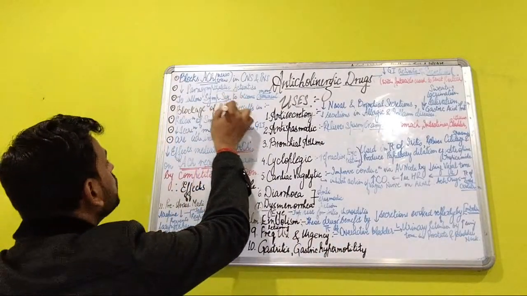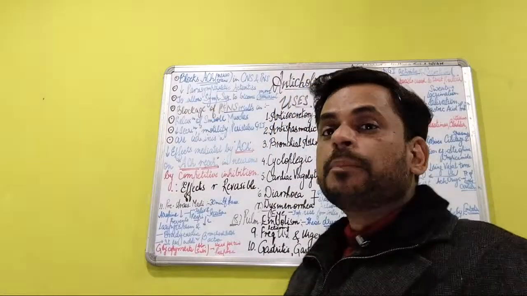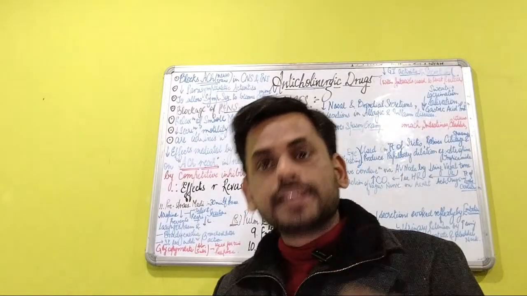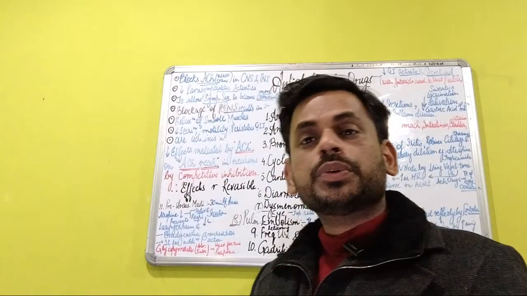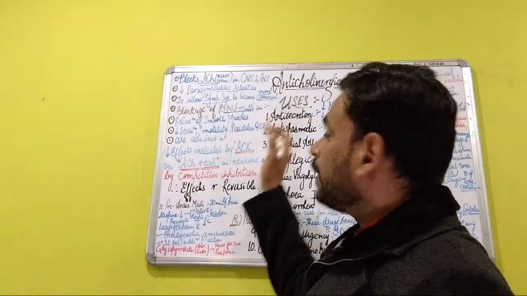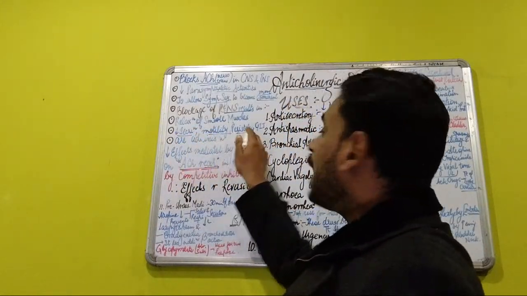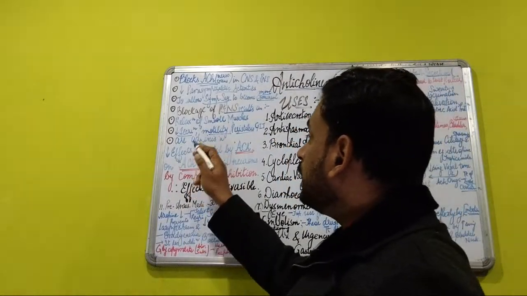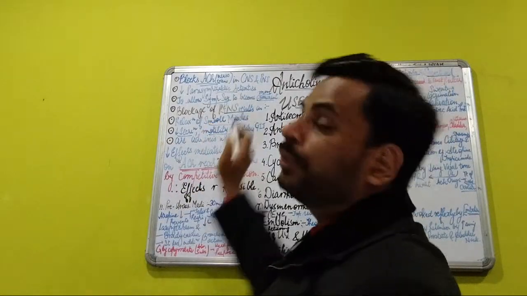Now they cause the blockage of the parasympathetic nervous system, and since the parasympathetic nervous system is getting blocked, that ultimately results in a decrease in the secretion, the motility and the peristalsis of the gastrointestinal tract, and they also cause relaxation of the smooth muscles.